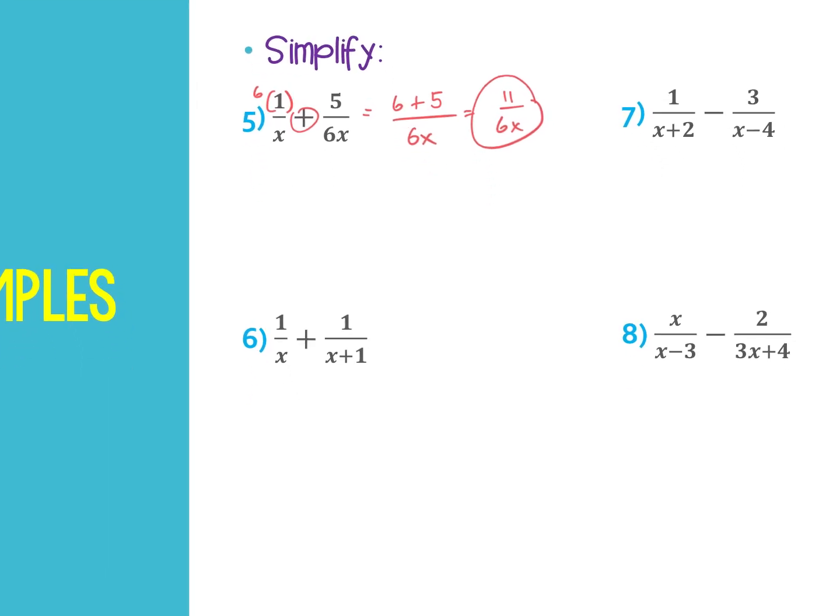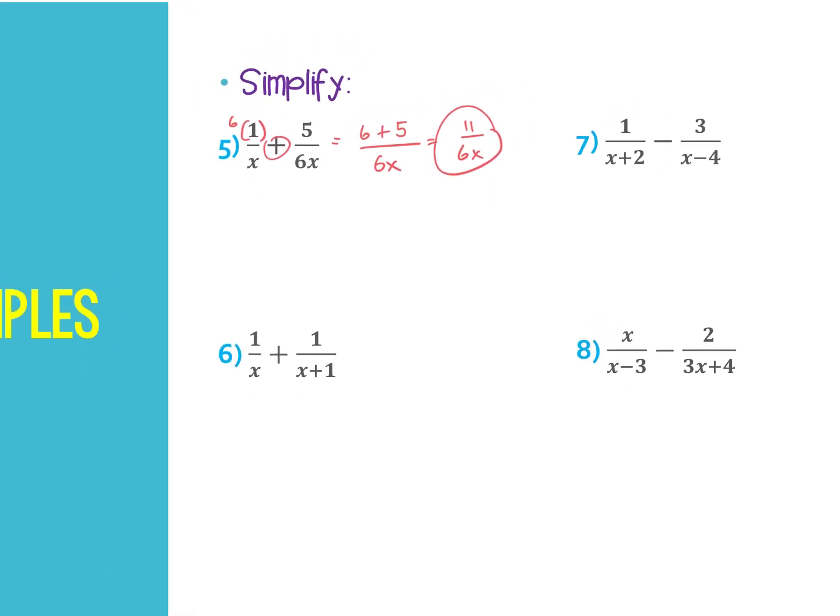So let's try this next one that way, right? First of all, I have to figure out what my least common denominator is. I've got the factor x and the factor x plus 1. So both of those need to be represented in my new denominator. So my least common denominator is x times x plus 1.